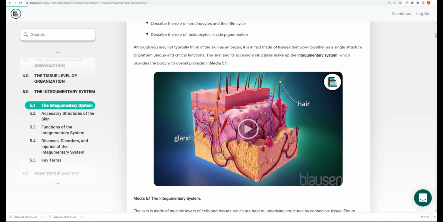Skin, also called the cutaneous membrane, is composed of 2 main layers. One is the epidermis. I'm pointing to that now. The epidermis, recall, is composed of stratified, squamous, keratinized epithelium. This is the epidermis, composed again of stratified, squamous, keratinized epithelium.